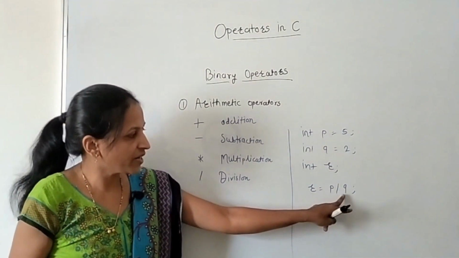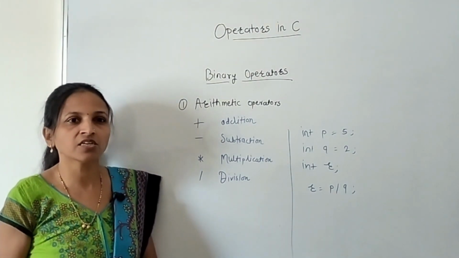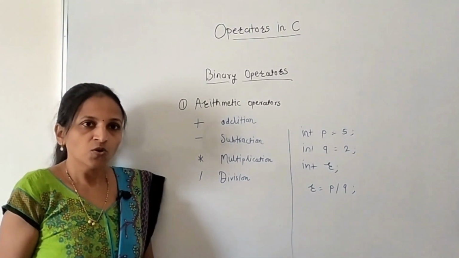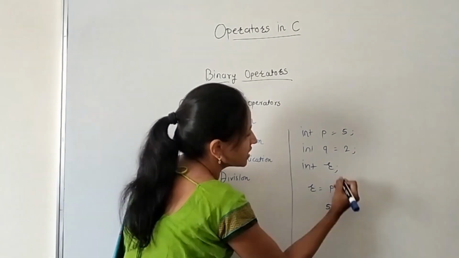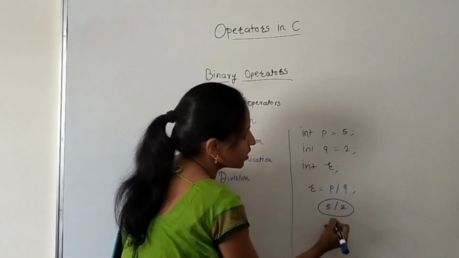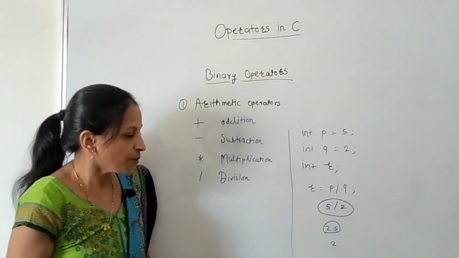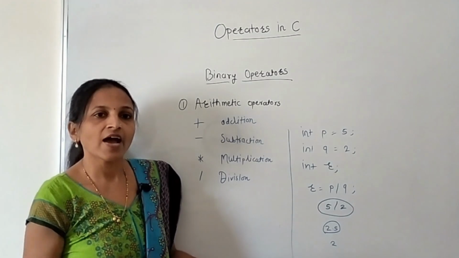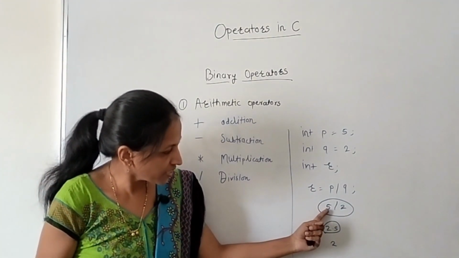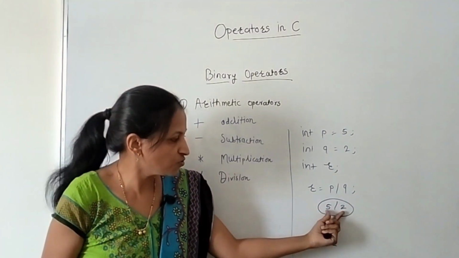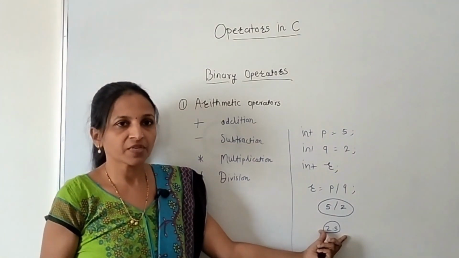Otherwise, if both the operands are integer, then the division operator always gives you an integer, whole value. Now see here, p is 5 and q is 2. It will not give you the answer 2.5, it will only give you 2, because here we are dividing integer by integer, which always gives an integer value, not a floating point value. Always remember this point.